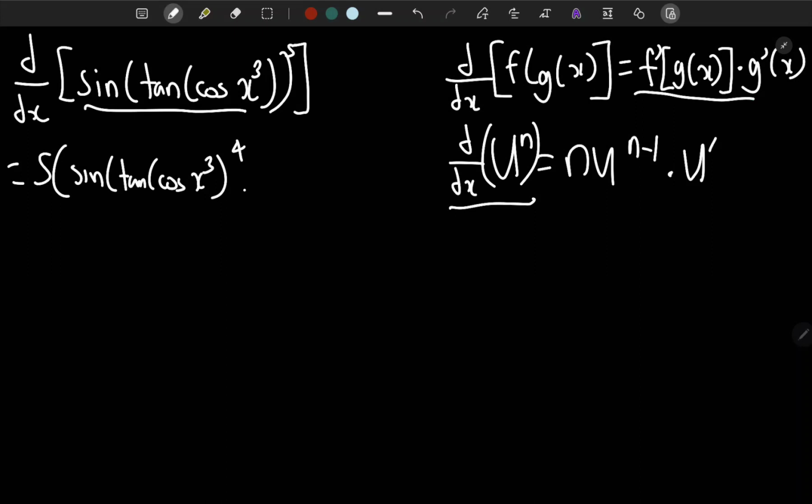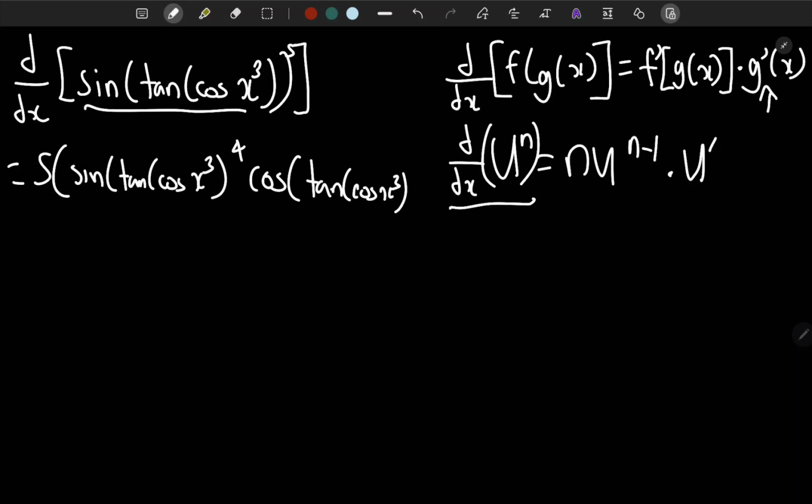And here now u prime is only this part, so now we can use the first formula, which is this one. So let's derive sine first, as the formula states. The outer part derives first, so it's going to be cosine, and the inner part stays the same, so tan cosine x cube. And now we need to derive the inner part of sine, which is tan cosine x cube. We again have two functions, so for this we again need to use this composite function.